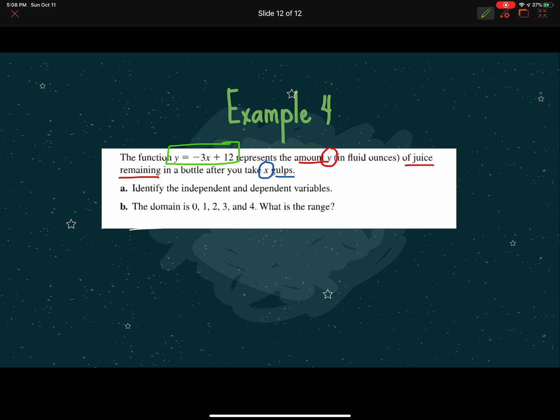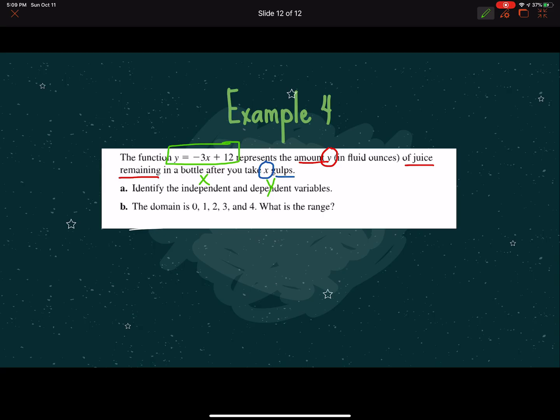Part A is asking to identify the independent and dependent variables. And if you'll recall, our independent is our x, our dependent is our y. So look back up at the information that we were given and basically restate your x and your y as dependent and independent variables.